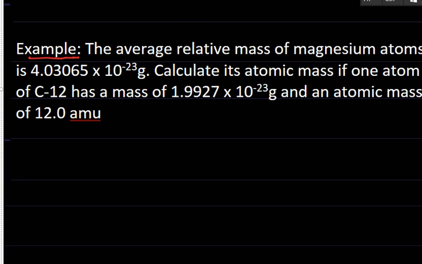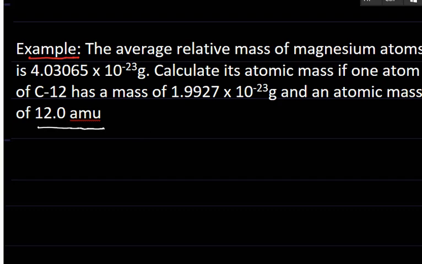The average relative mass of magnesium atoms is 4.0365 times 10 to the power minus 23 grams. Calculate its atomic mass if one atom of carbon-12 has a mass of 1.9927 times 10 to the power minus 23 grams and an atomic mass of 12 AMU.